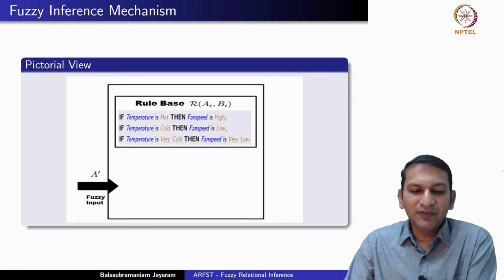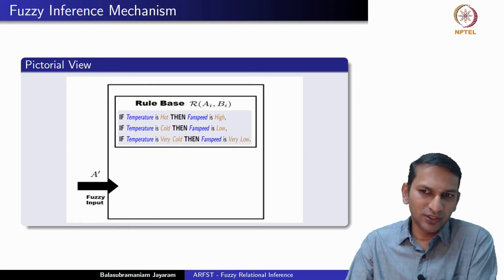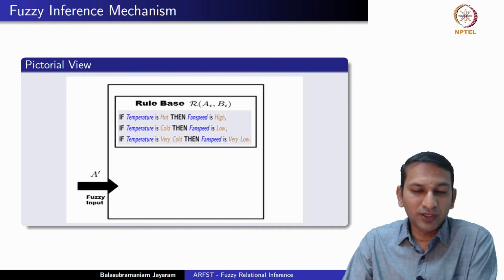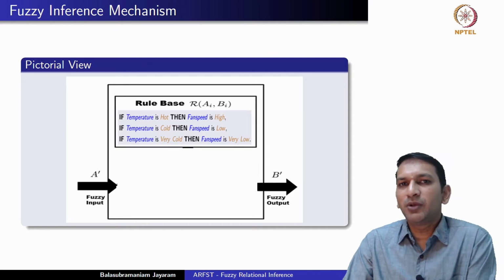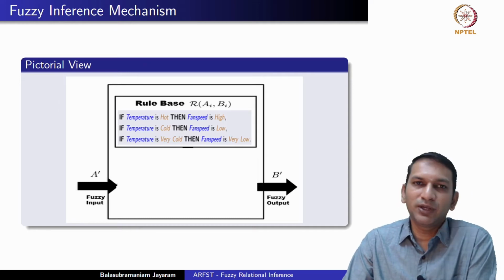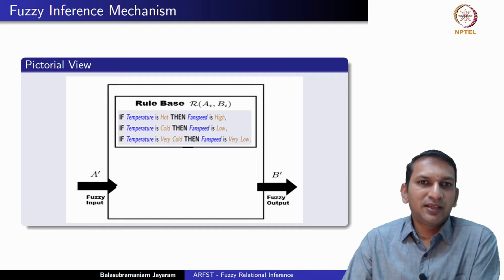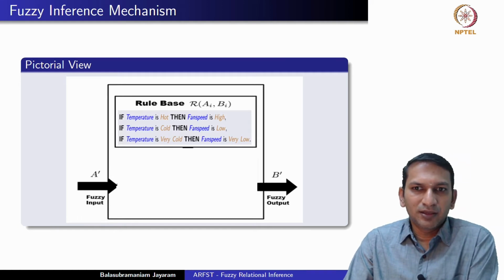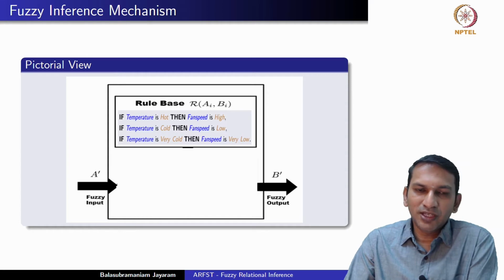Let's be given an input A', which is a fuzzy set. What we essentially want is to make use of this ground truth, this knowledge which is encoded in the form of fuzzy if-then rules, and come up with a reasonable output B', which is a fuzzy set on Y. Now, this is much like having a book which you know can solve your problem.